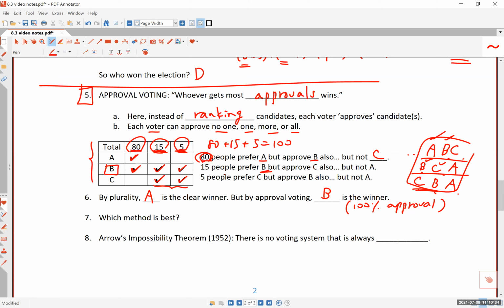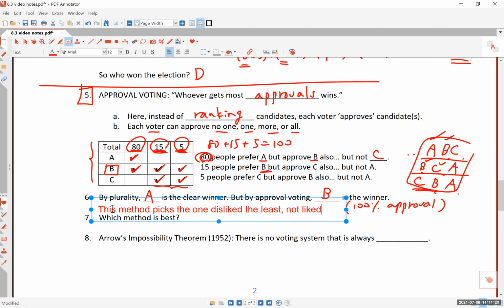So is that fair? Well, that depends on who you ask. But before we go to that question, let's try to figure out what approval voting is doing. All right, so I hope you can see that this method picks the one disliked the least, not liked the most.